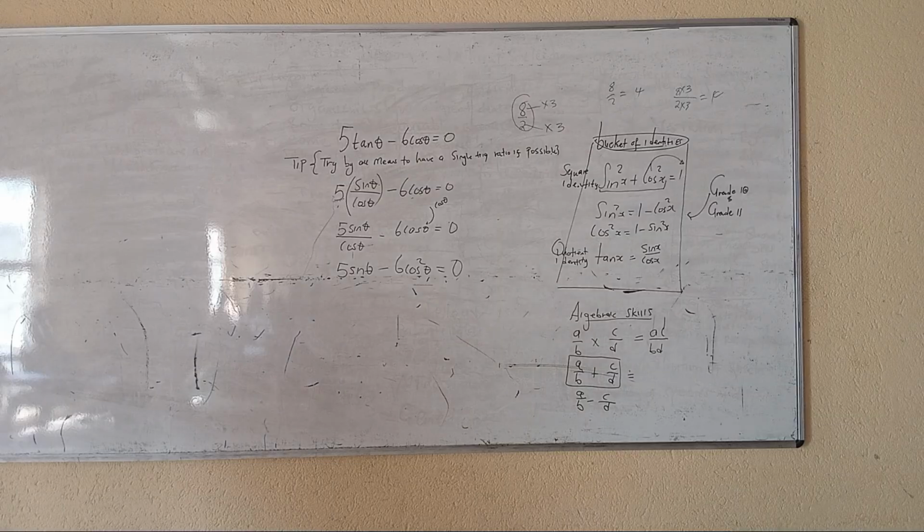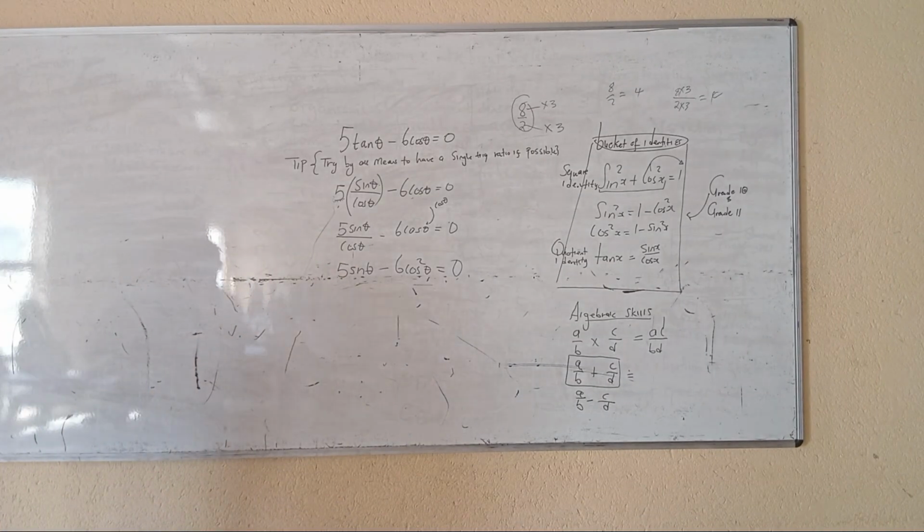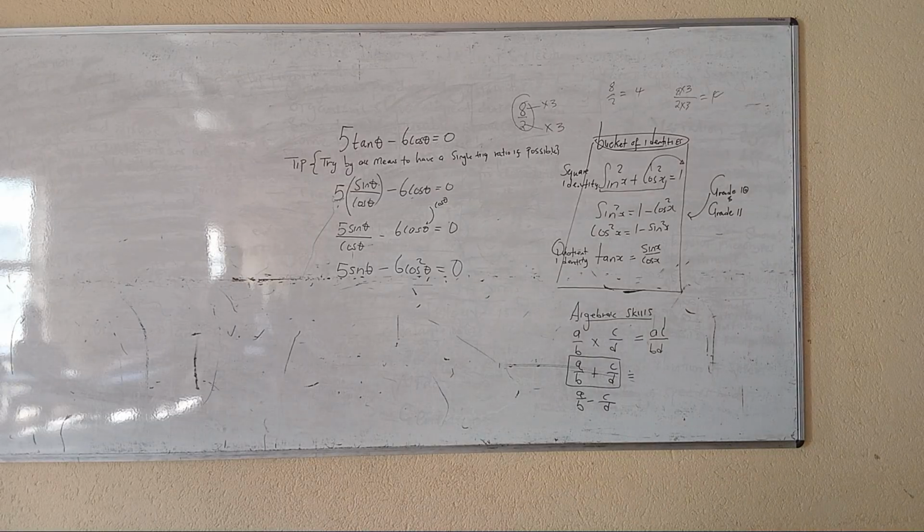Okay, let's focus on this expression: 5 sine theta minus 6 cos squared theta. How many trig ratios do you have there? It's 2.